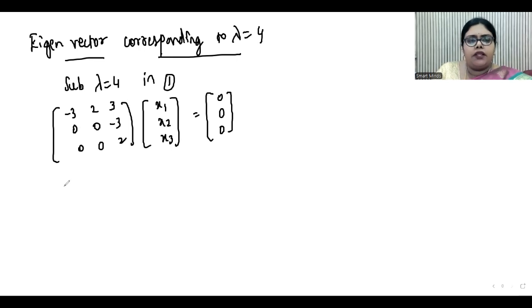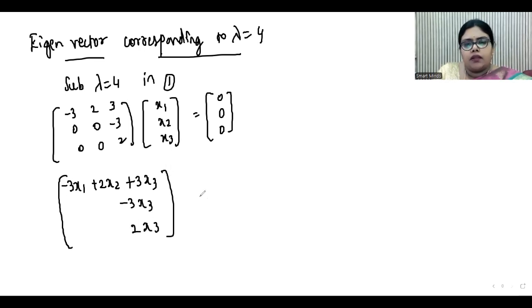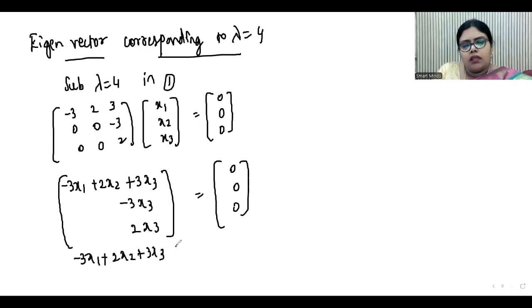Now if you multiply, you will get minus 3x1 plus 2x2 plus 3x3, then x3, and then 2x3, equals 0, 0, 0. Now we can equate them. Minus 3x1 plus 2x2 plus 3x3 equals 0, then x3 is 0 and 2x3 is 0.